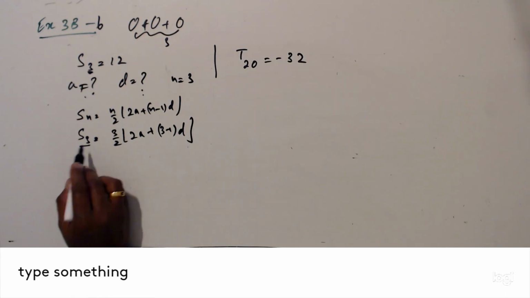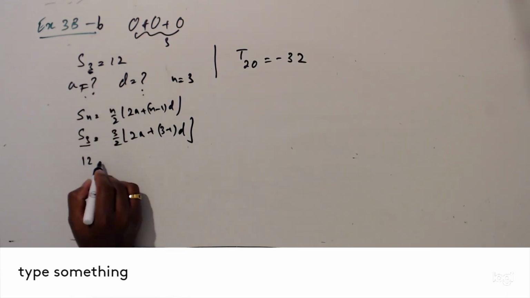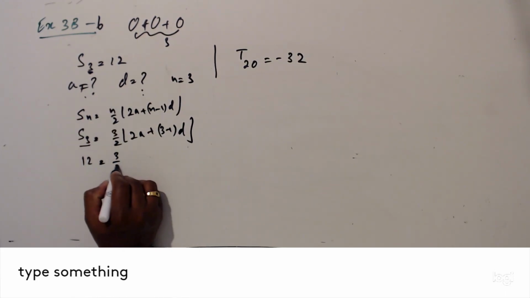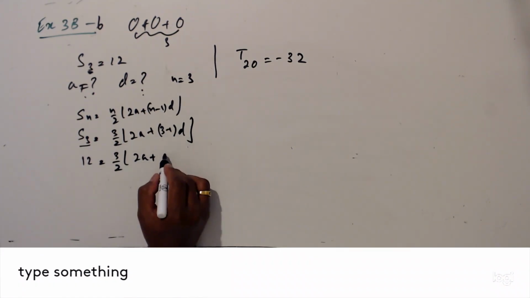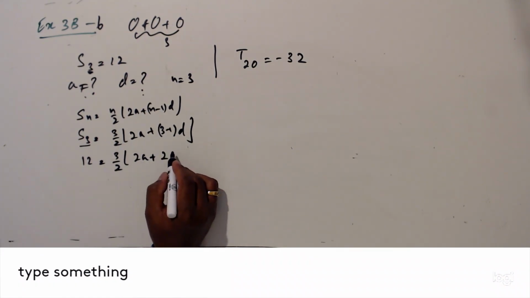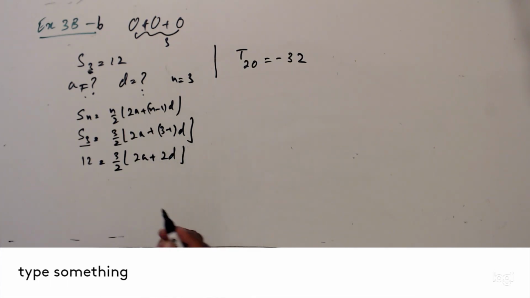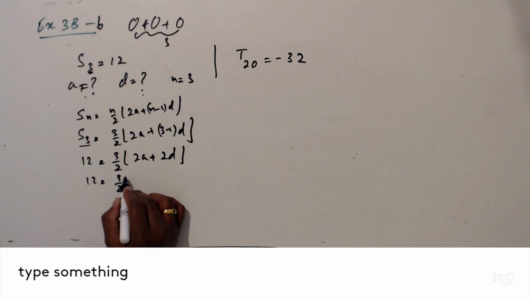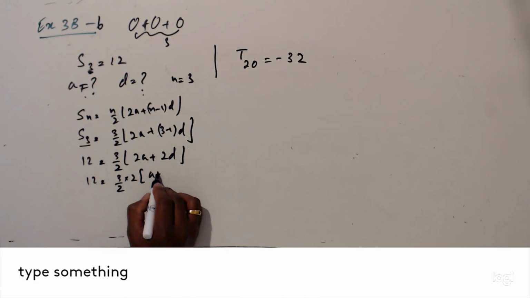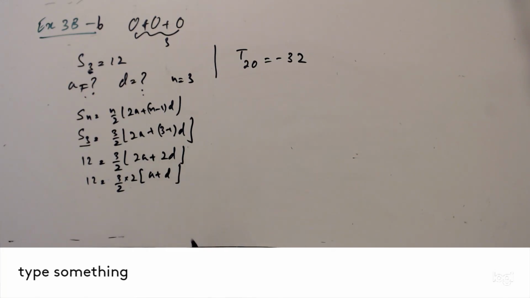So S3 we know is 12, equal to 3 over 2 times 2a plus 2d. I can factorize 2 here, a plus d. The 2s cancel out. 12 divided by 3 is 4, equal to a plus d.